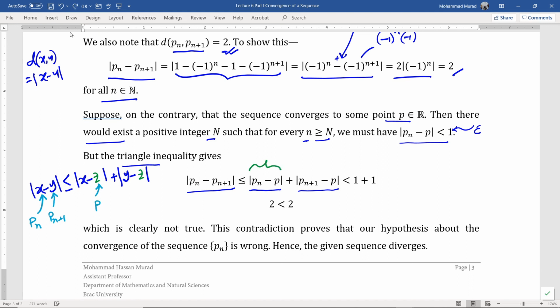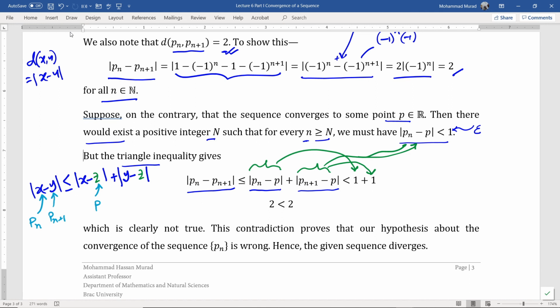But this quantity is smaller than 1 from here. Similarly, this quantity is also smaller than 1 from the same inequality.